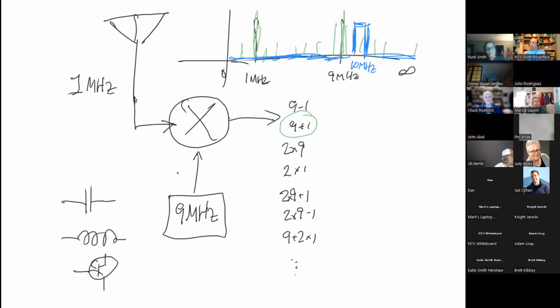What are the two things that are used to build a filter? We talked about them yesterday. One is a capacitor, and the other one is an inductor. Those are frequency dependent components. And by putting them in the right order, I can create something that has a frequency response that looks like this, which filters out just the frequencies that I'm looking for.